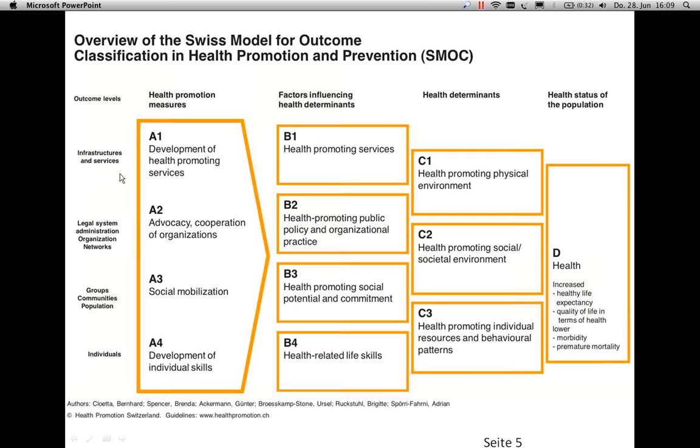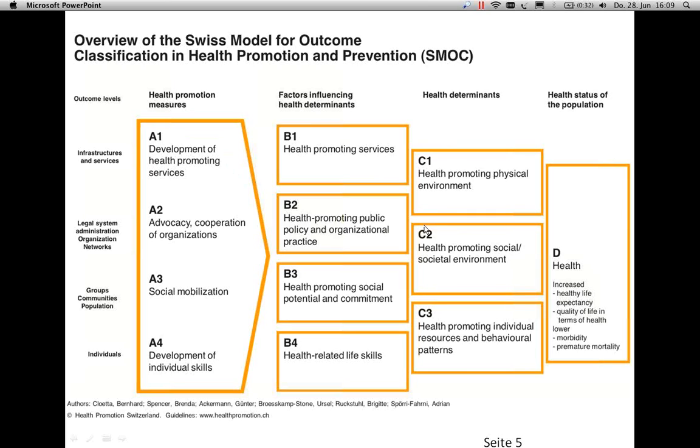There could be infrastructure and services, legal systems, for example a fat tax, groups, communities and populations, and the level of individuals. Here you have the measures, the kinds of intervention. It's not the time to go into detail, but just to show you that there are health determinants, for example, which are linked to the measures and to the health status of the population.